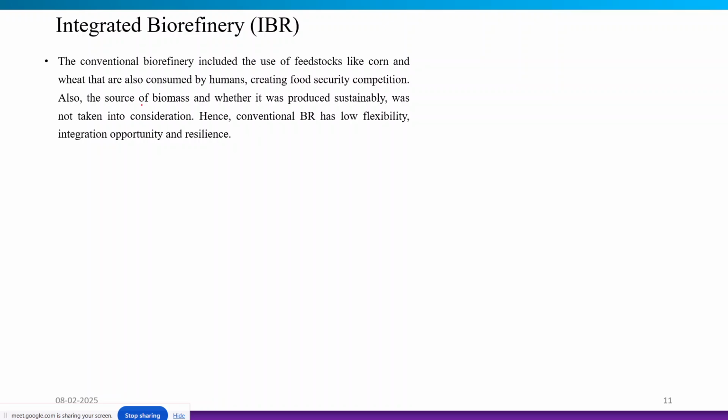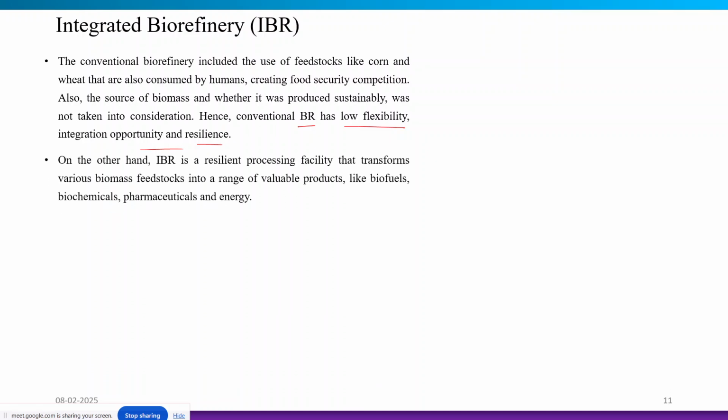Also, whether this biomass source was produced sustainably was not taken into consideration. Hence the conventional biorefinery has low flexibility, integration opportunity, and resilience. So we need to move towards integration of this biorefinery with the existing refineries.